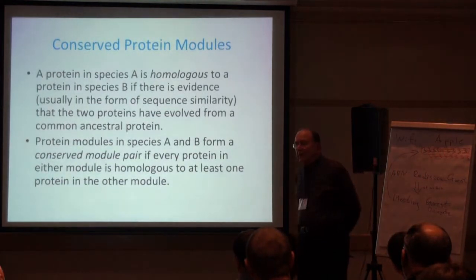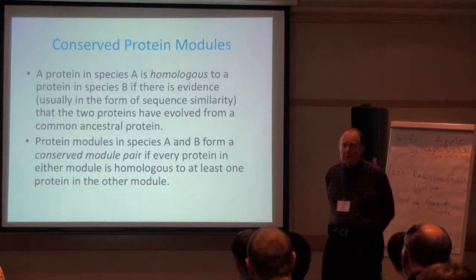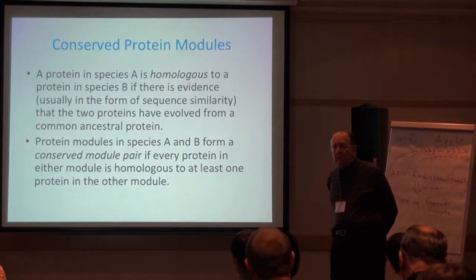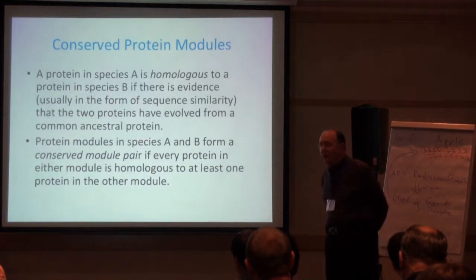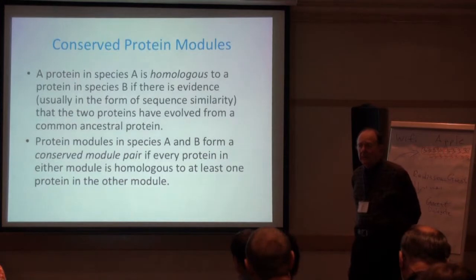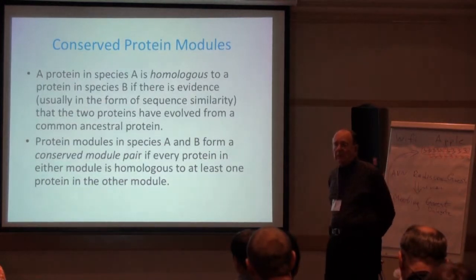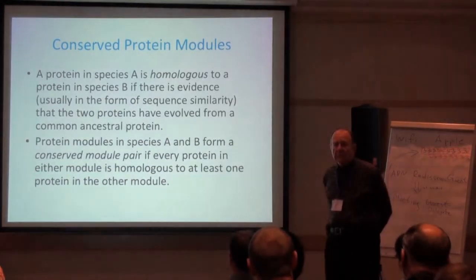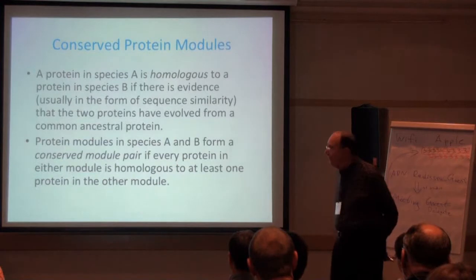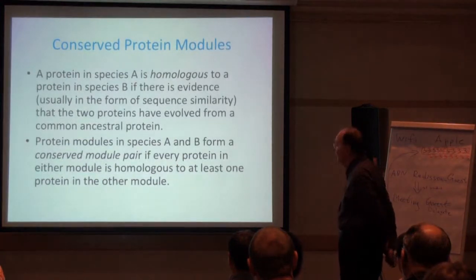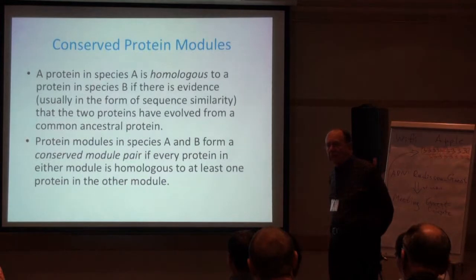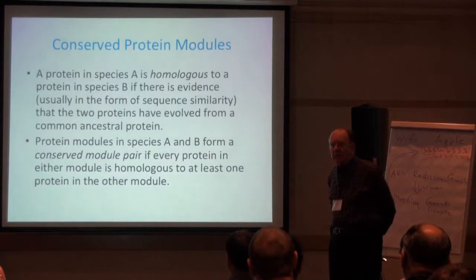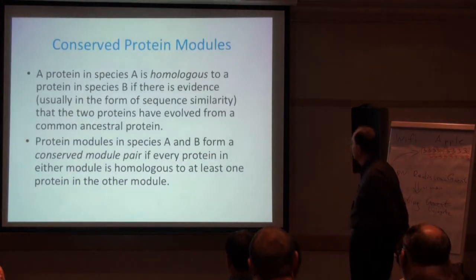Now, another clue that we can use to find protein modules is that if they're important for the functioning of cells, they will tend to be conserved in evolution. And that means that a protein module in one species should be reflected by similar protein modules in other species. And so we have this notion of conservation of modules, finding essentially the same proteins in some other species as you have in the module in a given species.